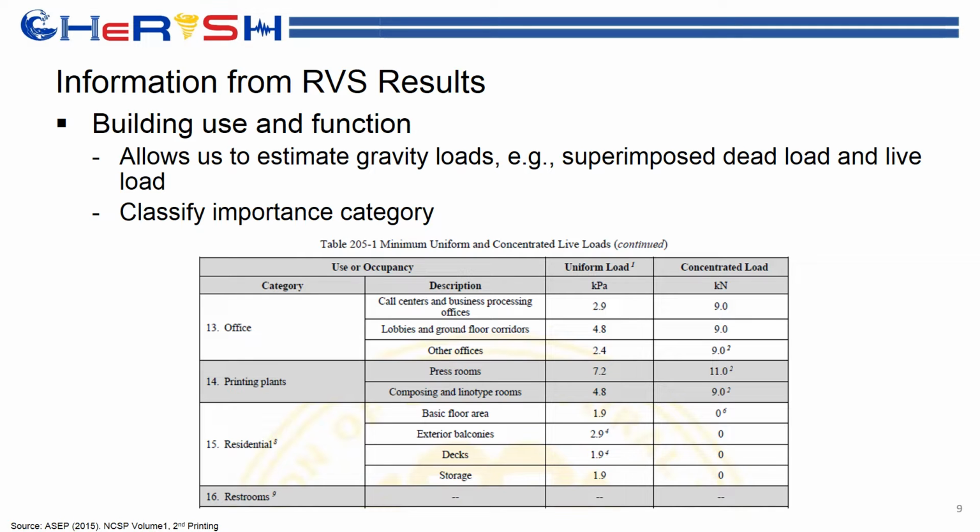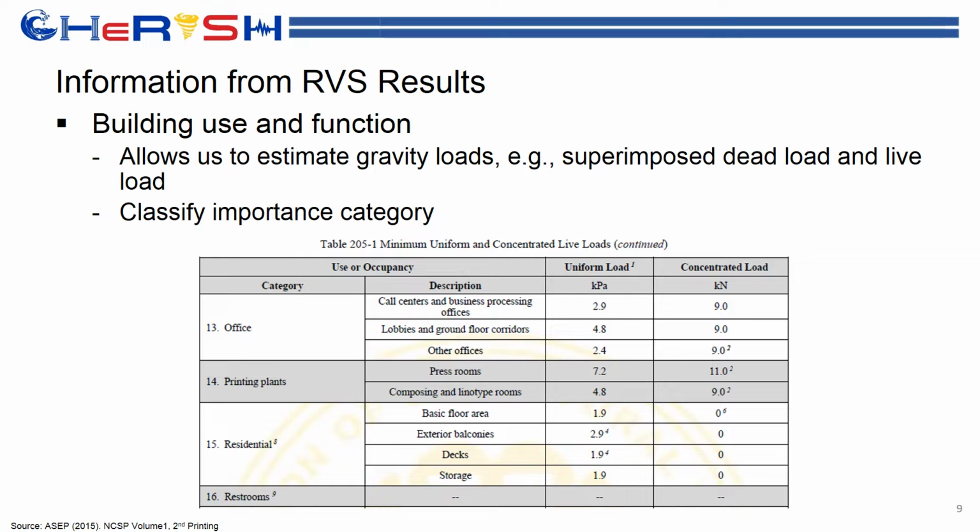In terms of building function, this information would allow us to somehow estimate the gravity loads that we should use in the assessment. So for example, based on the building use, we can estimate the superimposed dead load that we should use in the structural analysis, as well as the intensity of live load.